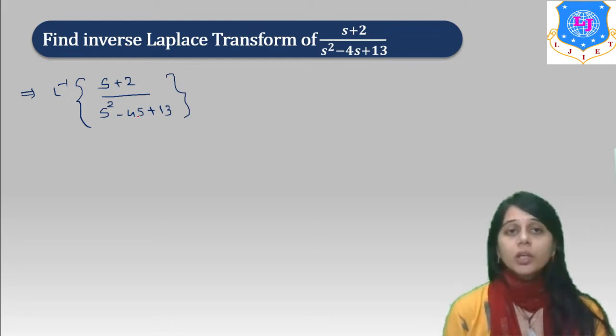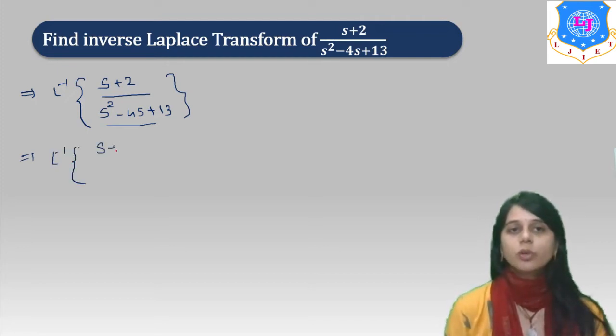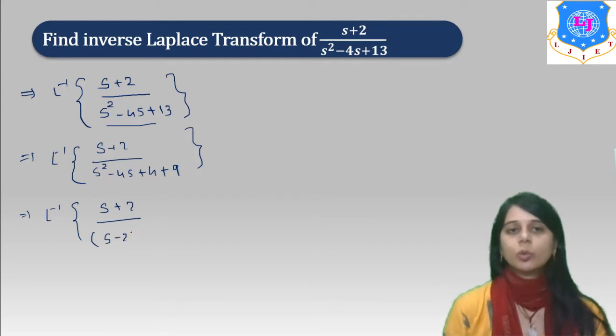So, we convert this into the whole square form. What is a whole square formation? It is s square minus 4s plus 4 plus 9. We are taking part of the 13. So, it is s plus 2 upon s minus 2 whole square plus 9.